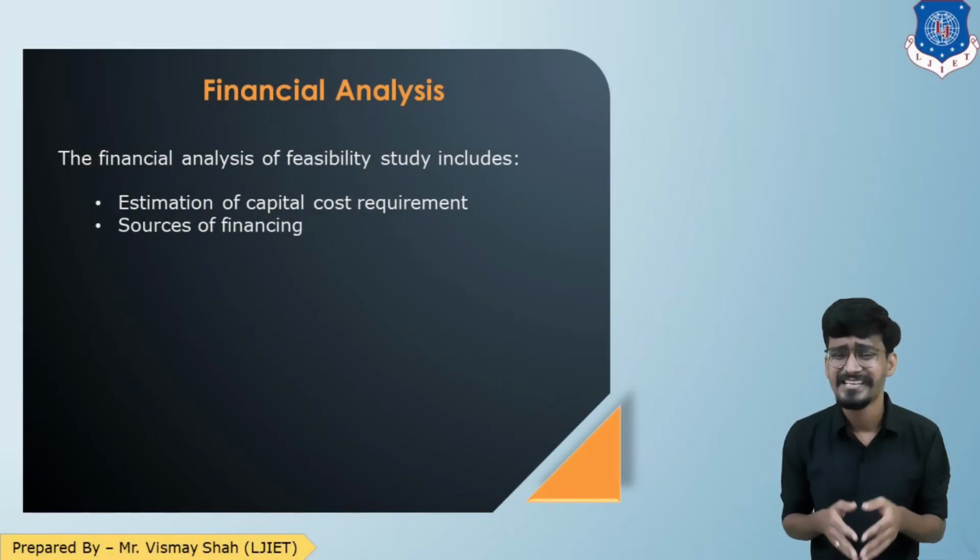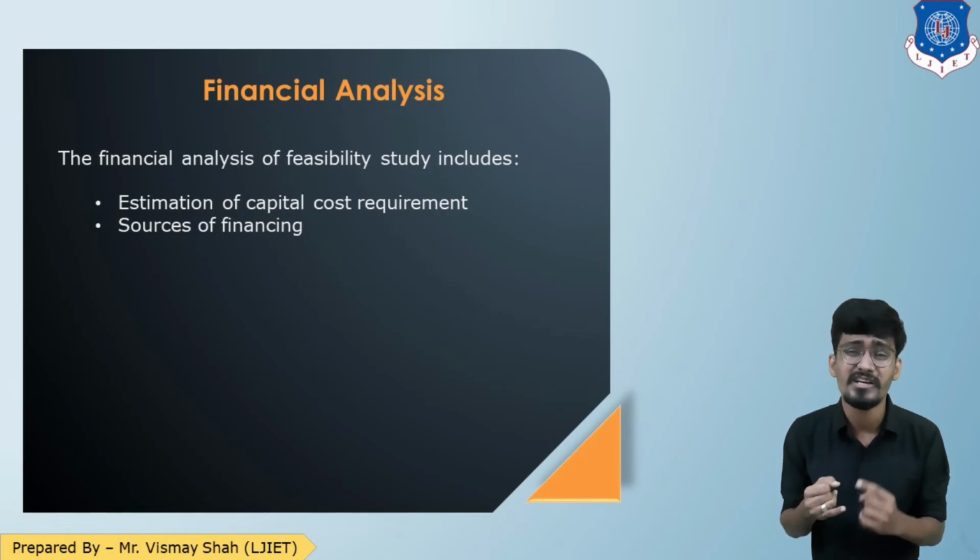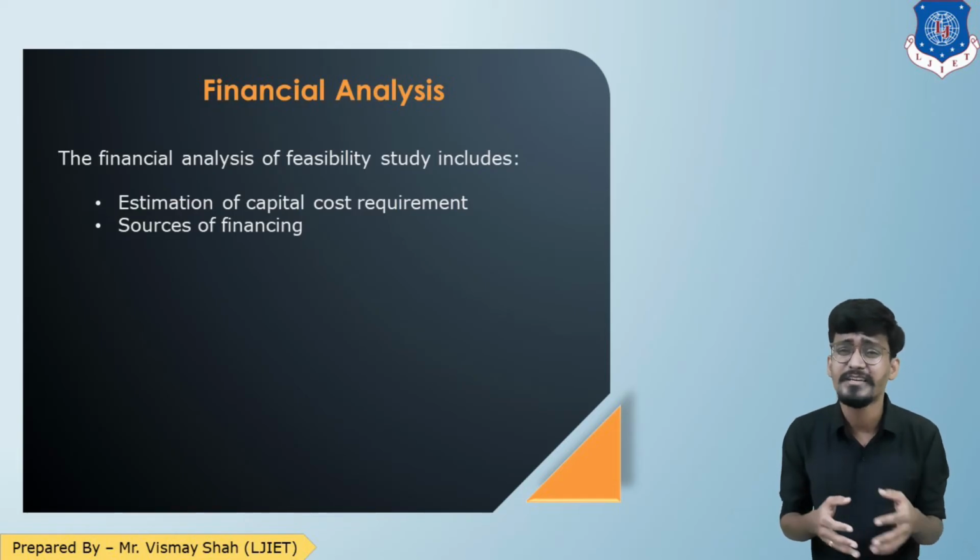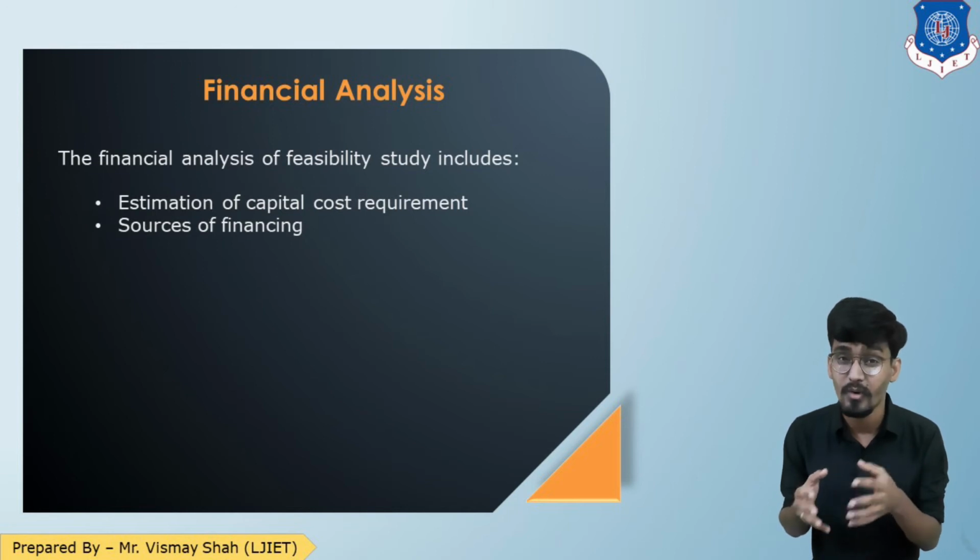The next is financial analysis. The financial analysis of a project consists of estimation of capital cost requirement and the source of funding. Estimate of capital cost requirement means cost of materials, cost of resources, cost of equipment, engineering fee, supervision charge, etc. So that is the estimated cost of your work.